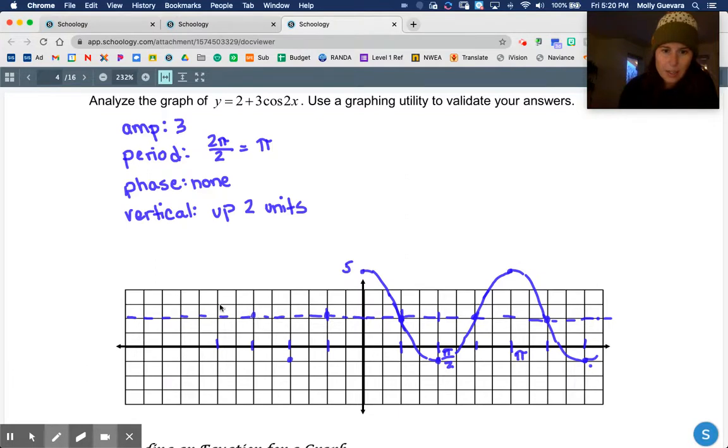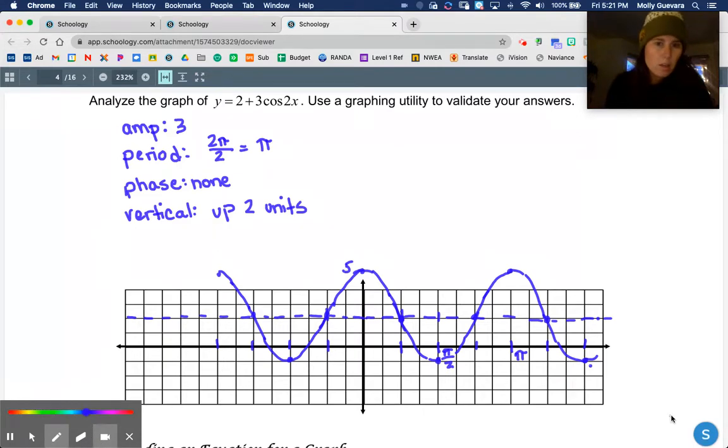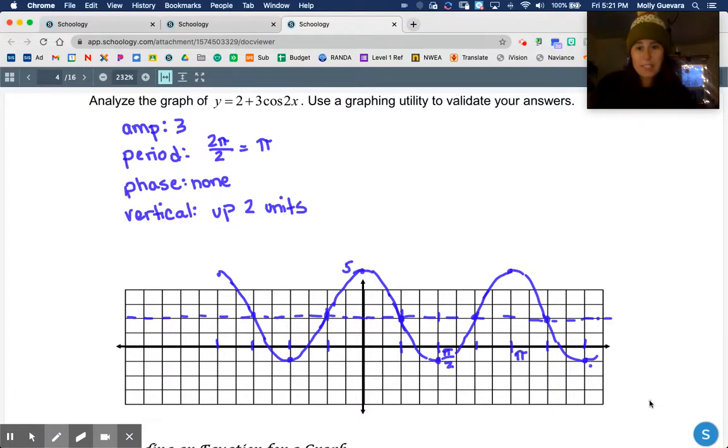Again, I would get in the habit of drawing a lot of periods at once. But sometimes it specifically only asks you for 1 period, okay? All right, so hopefully that makes sense. It's the same graph, it's just been shifted up.